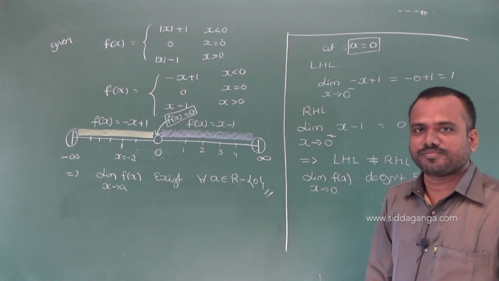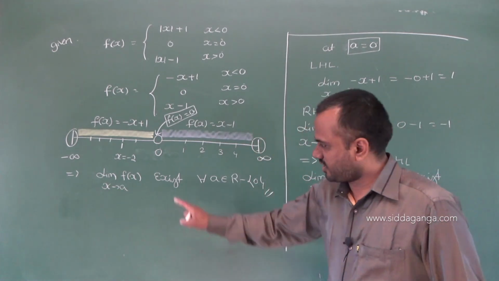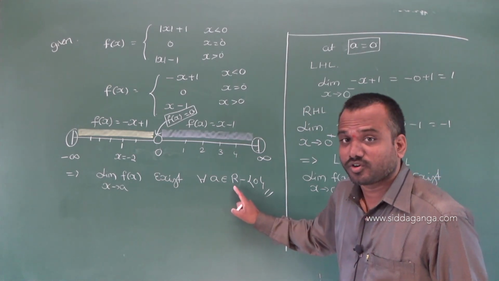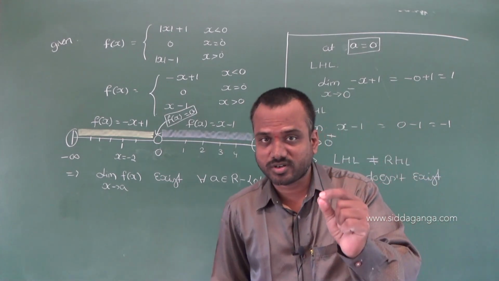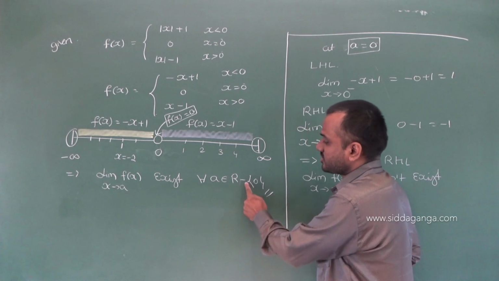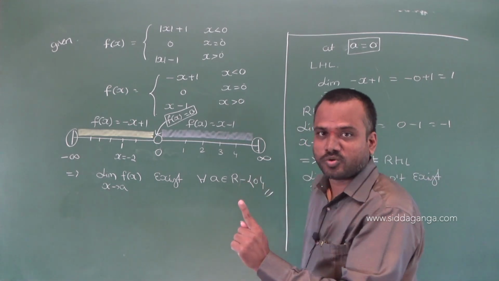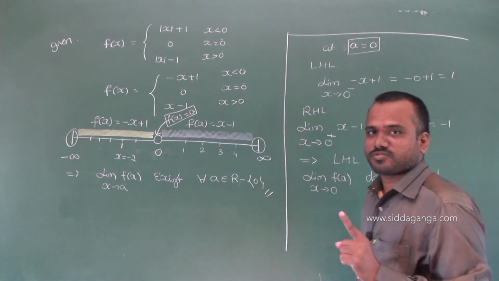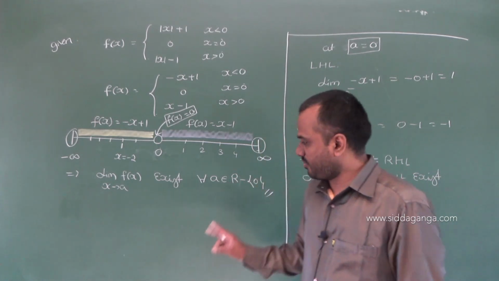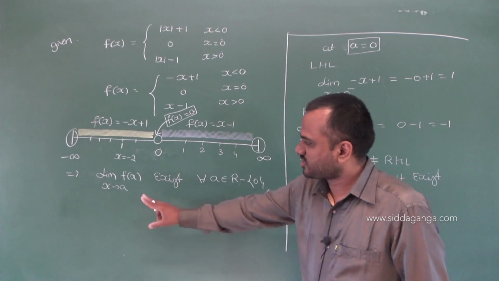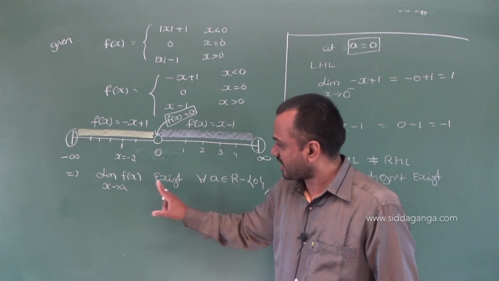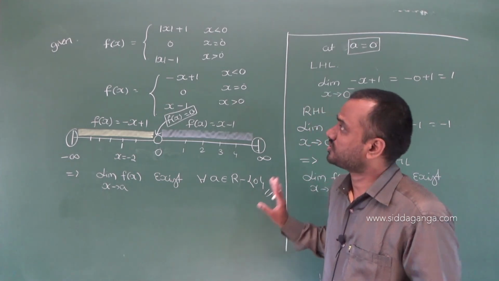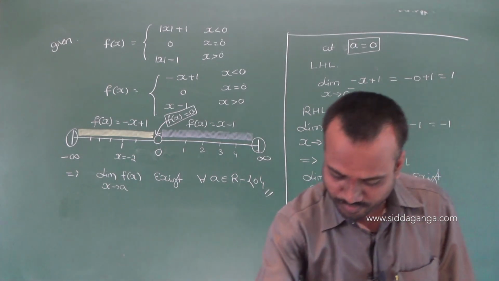Limit x tends to a, f of x exists for all a belongs to the set of all real numbers except 0, because at 0 LHL is not equal to RHL. LHL is not equal to RHL means the limit value does not exist. So limit x tends to a, f of x exists for all a belongs to what? R minus 0. This is a very important problem. Observe this problem.